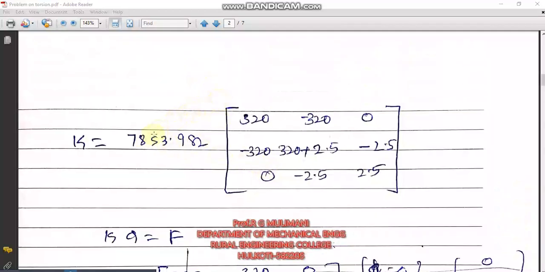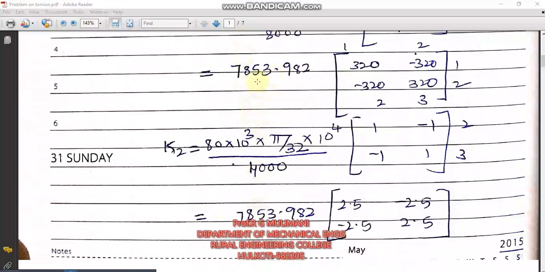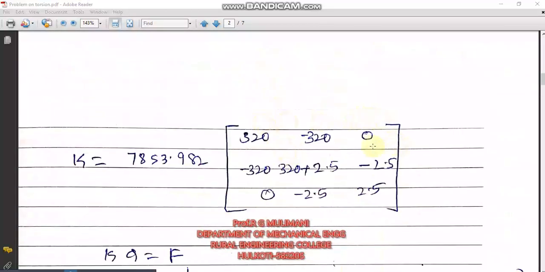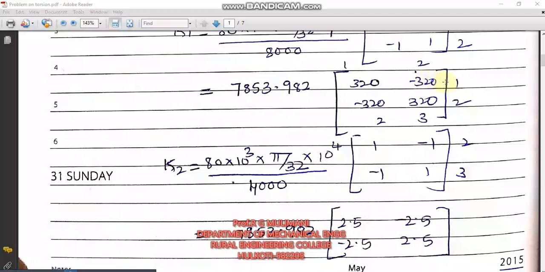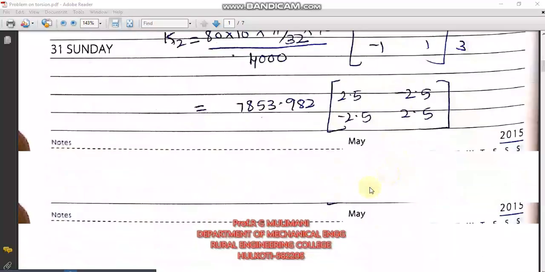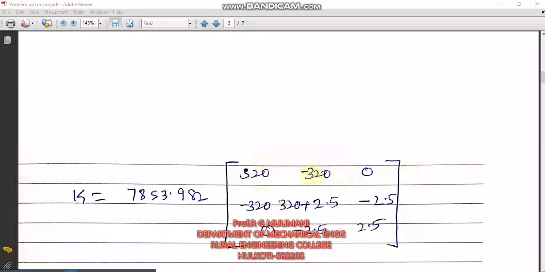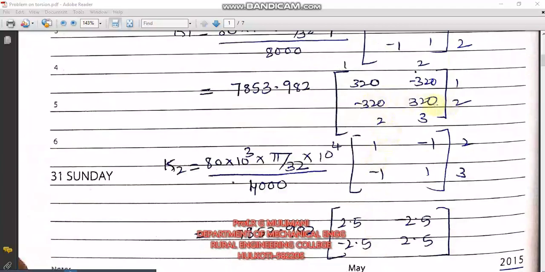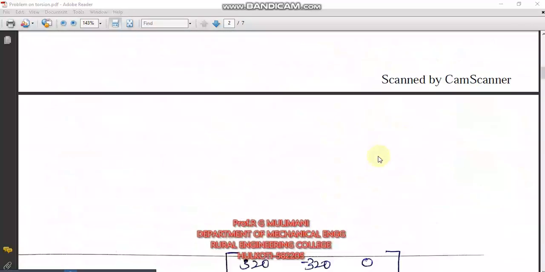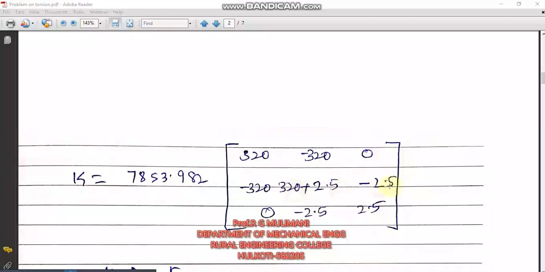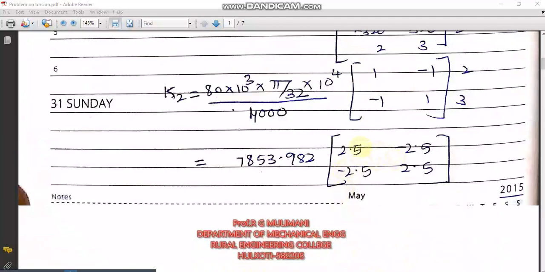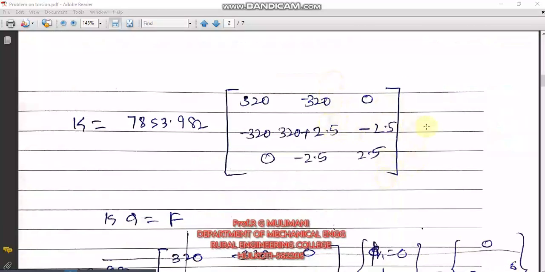Now we have two stiffness matrices. For the assembly, adding K1 plus K2, we have a 3 by 3 matrix. K1 occupies first row first column, first row second column, second row first column, second row second column: 320, minus 320, minus 320, 320. Similarly, the K2 matrix is of the second node and third node, so it occupies second row second column, second row third column, third row second column, third row third column.